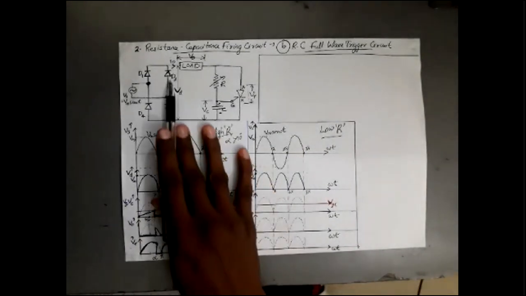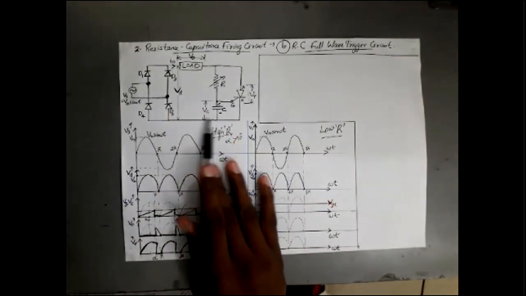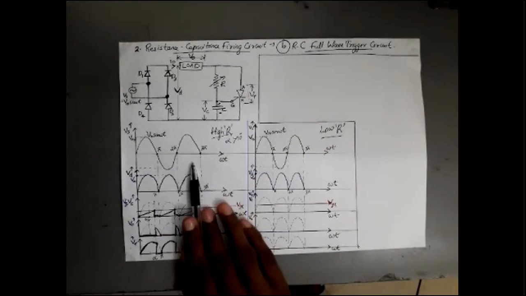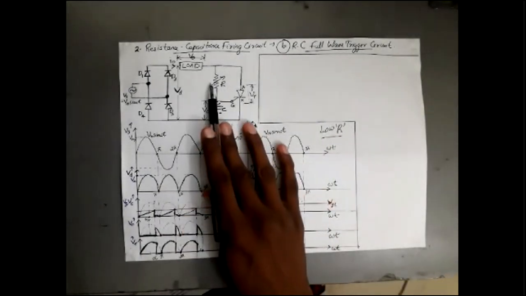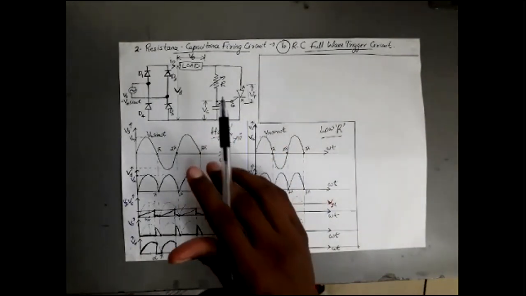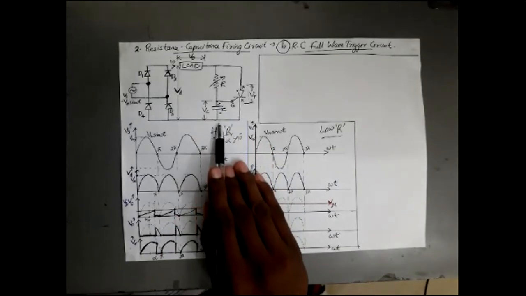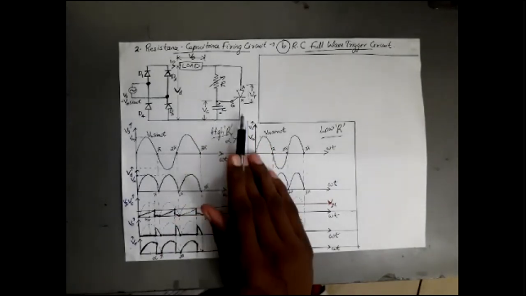A charging current will have the same direction in both the cases, and the charging current value will be higher compared to the previous case because the resistance is varied to a very low value, so the charging rate of the capacitor will be higher compared to the previous case.